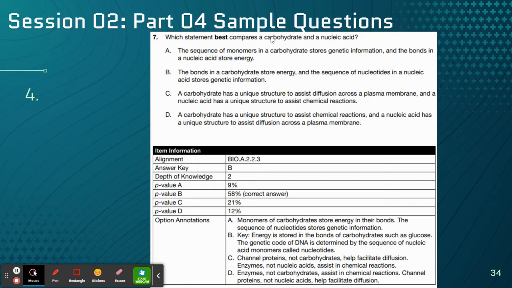So that's not referring to carbohydrates or nucleic acids. And then carbohydrate with an enzyme, nucleic acid with diffusion, those are proteins. So C and D are not referring to carbohydrates and nucleic acids. Letter A has these two terms mixed up. Letter B is the correct answer.